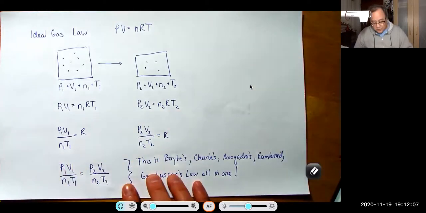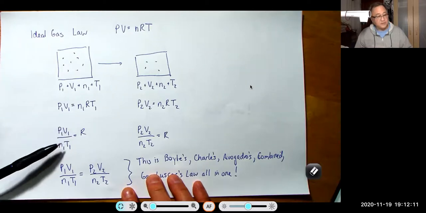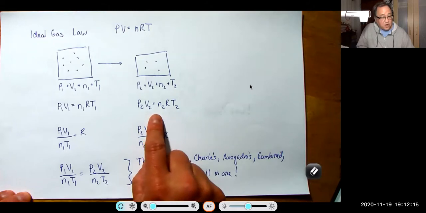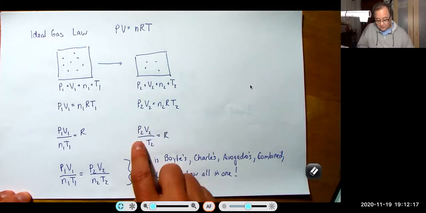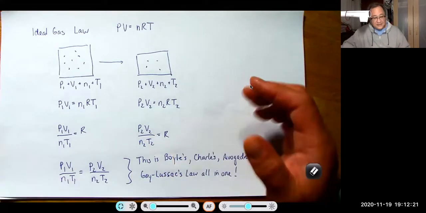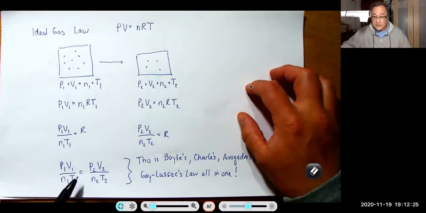Now, when we solve this equation for R, we get P1 V1 over N1 T1 is equal to R. When we solve this equation for R, we get P2 V2 over N2 T2 is equal to R. So that means that P1 V1 over N1 T1 is equal to P2 V2 over N2 T2 because they're both equal to R.